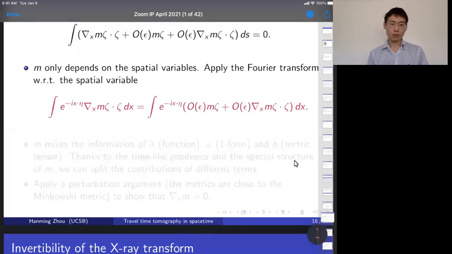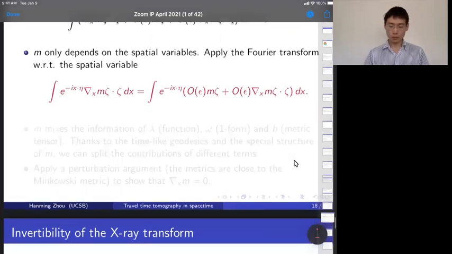So basically, you can only recover the space-like ones, but not the time-like ones. So in that case, if the metric actually depends on time, there might be some issues. I will mention that later, maybe at the end of the talk, a little bit.